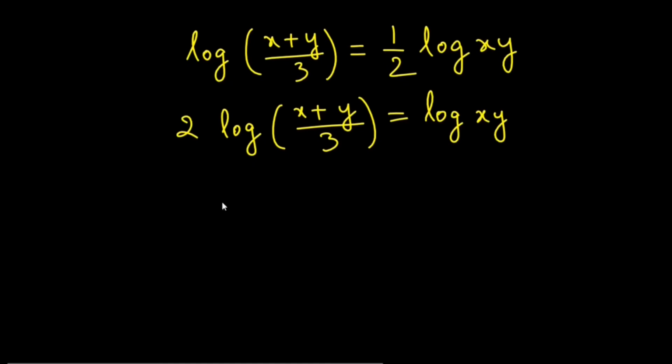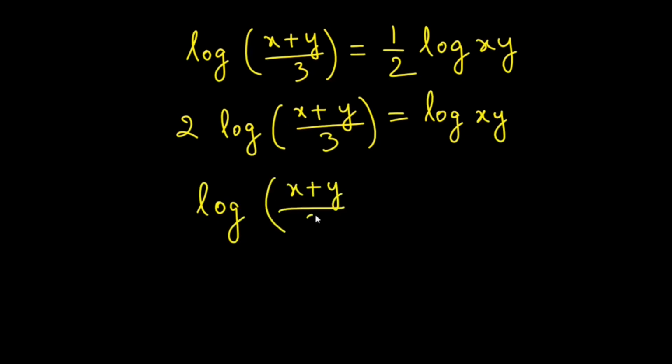Now by applying power rule, we get log of ((x plus y) by 3) whole square is equal to log xy. Now on both sides we have a single log term, so we can remove log from both sides.